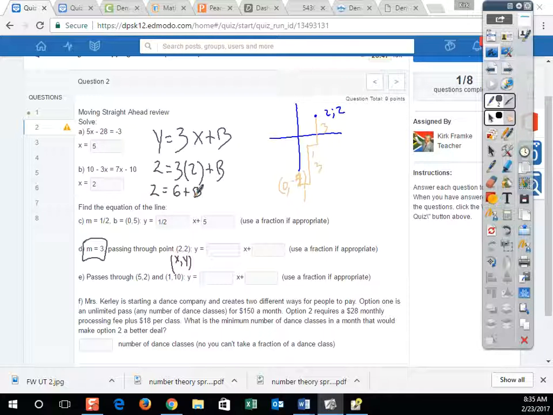What's the opposite of positive 6? So subtract 6, and I get negative 3 is equal to b. So therefore, in my equation, I have y is equal to 3x minus 4.